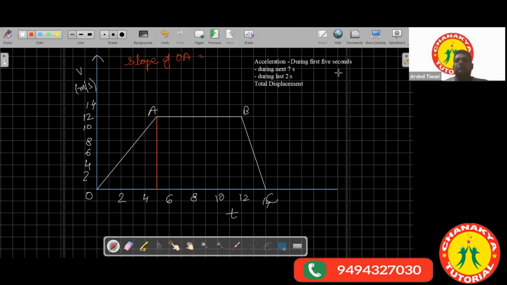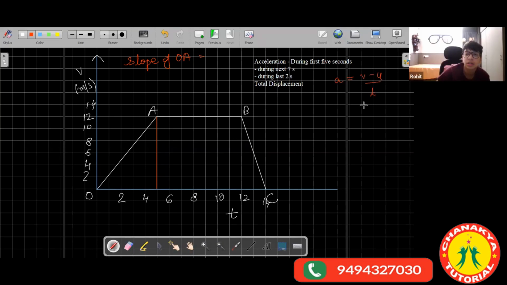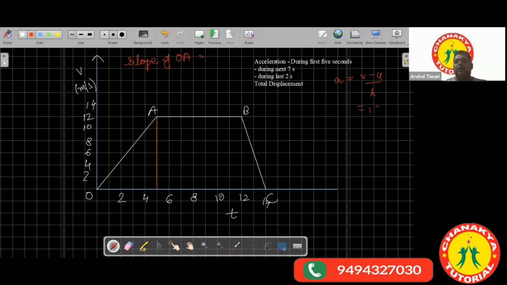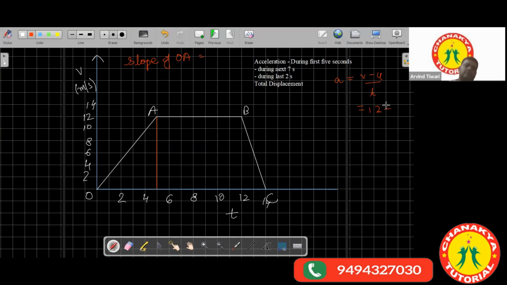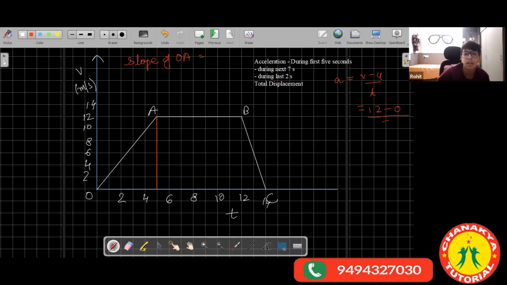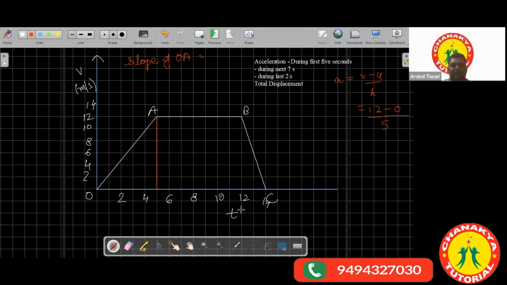So we can use directly the formula of acceleration as V minus U over T, and the value of V is 12. So we get 12 minus initial velocity, which is 0, divided by time. Time is 5. So 12 minus 0 by 5, that is 12 by 5.